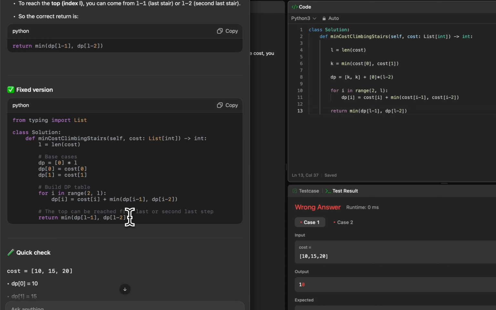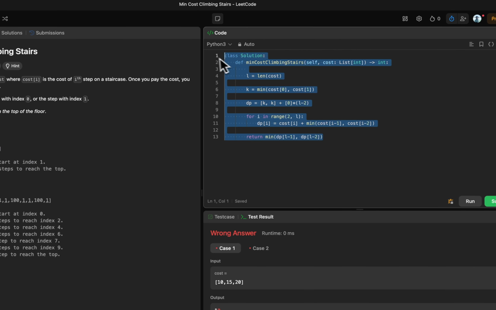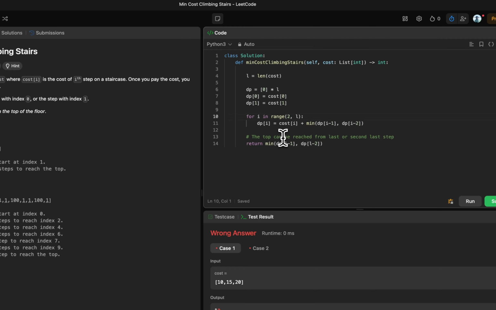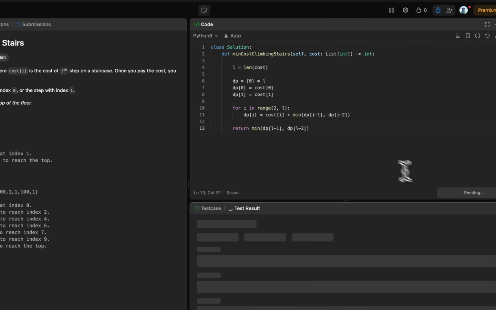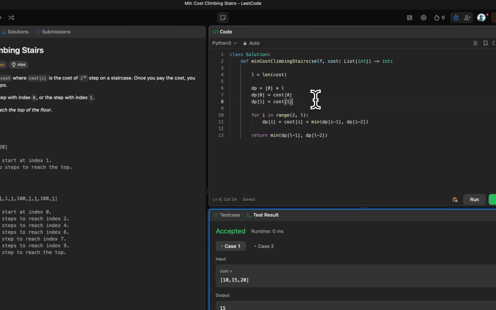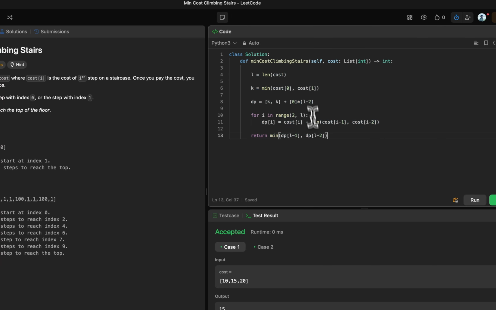Let's take it from this one. Not sure what the problem was. Was probably this part. dp of 0 into L, and okay, if that's correct, what was the mistake in ours?